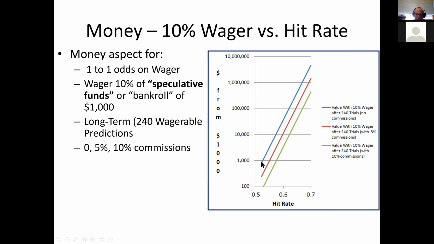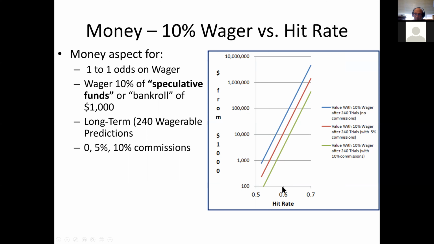You need to get up to a little bit over 0.55 to break even without commissions. But with a 5% commission, you lose money at a 55% hit rate. And with a 10% commission, you essentially lose all your money. So your hit rate is very, very important.